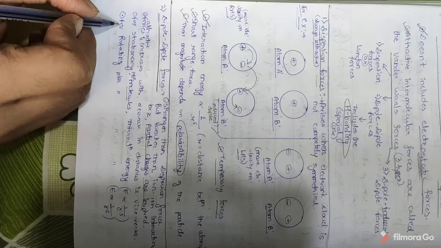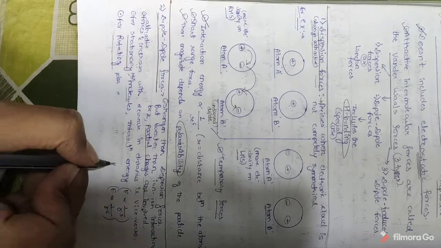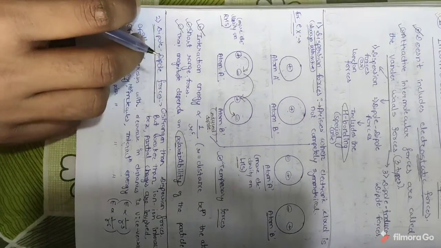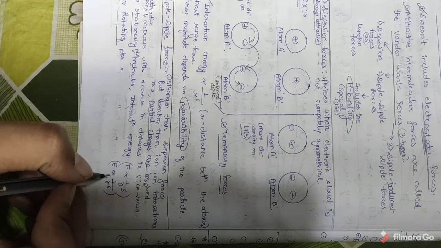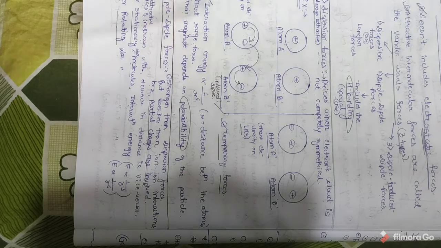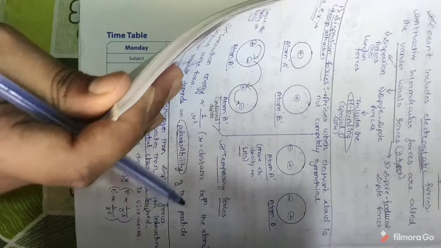And for rotating polar molecules, the interaction energy is proportional to 1 by r raised to 6, that is, inversely proportional to r to the power 6. Let's see the next.